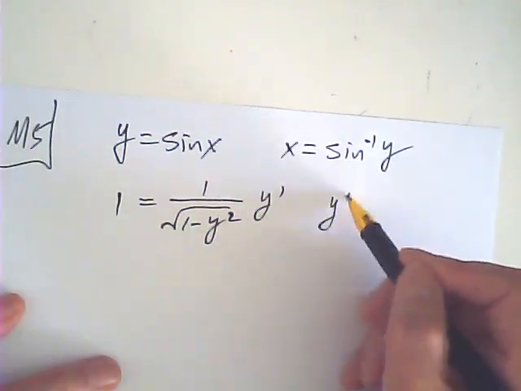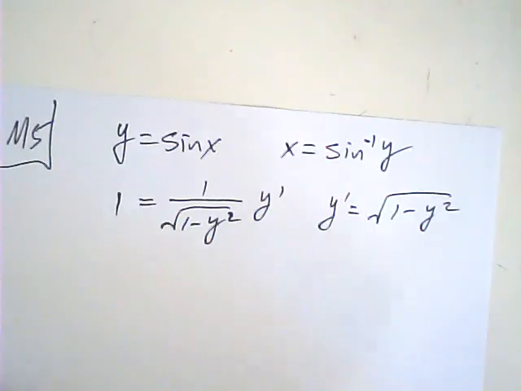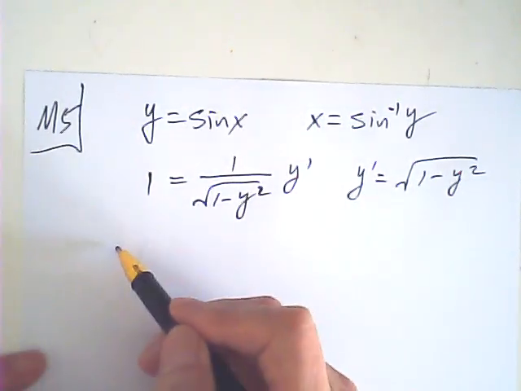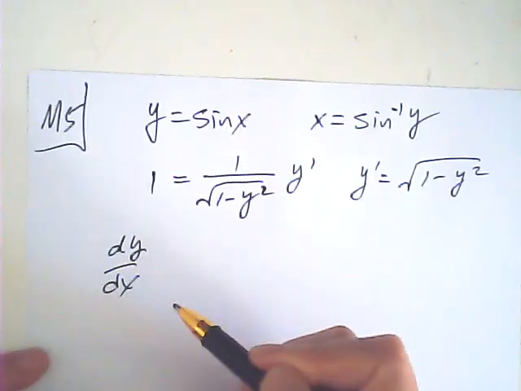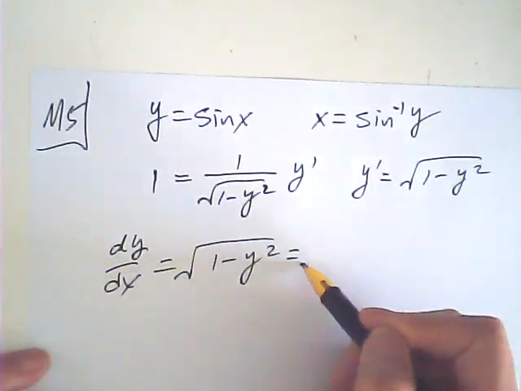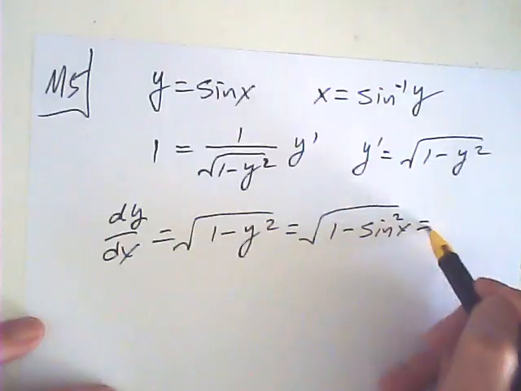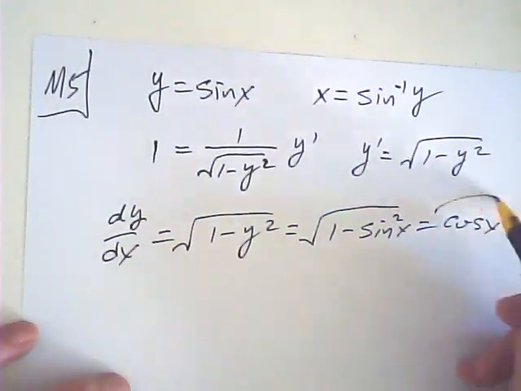So y prime equals this. y prime is dy dx, right? So dy dx is equal to this, the square root of 1 minus sine squared. That's cosine. Wow. So it's proved.